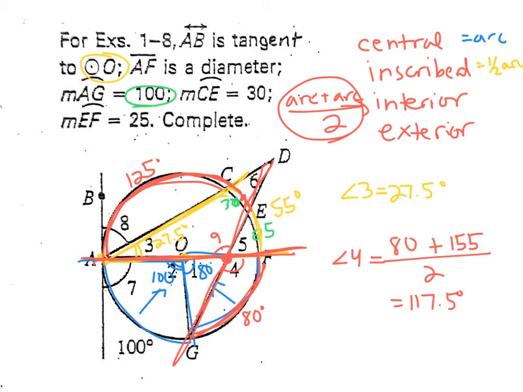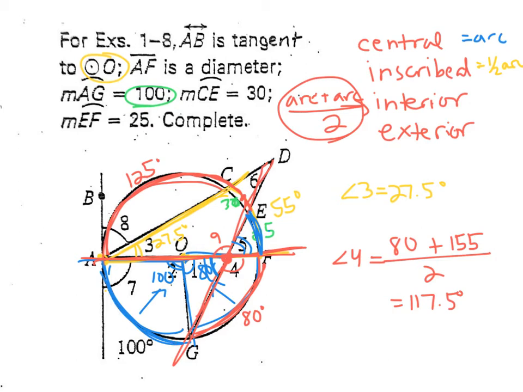Or a good double check would be you can go with, let's see what color I can use here. You can go with 5 and this angle over here. Then I'm highlighting in blue. Those two are going to be the same as each other, and that's another interior angle. So you could go with this arc plus this arc here, plus this arc here, and divide by 2, average those.